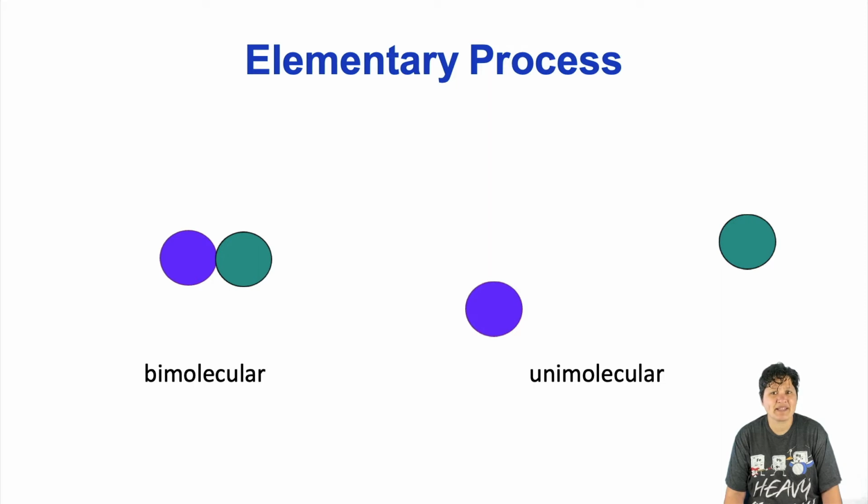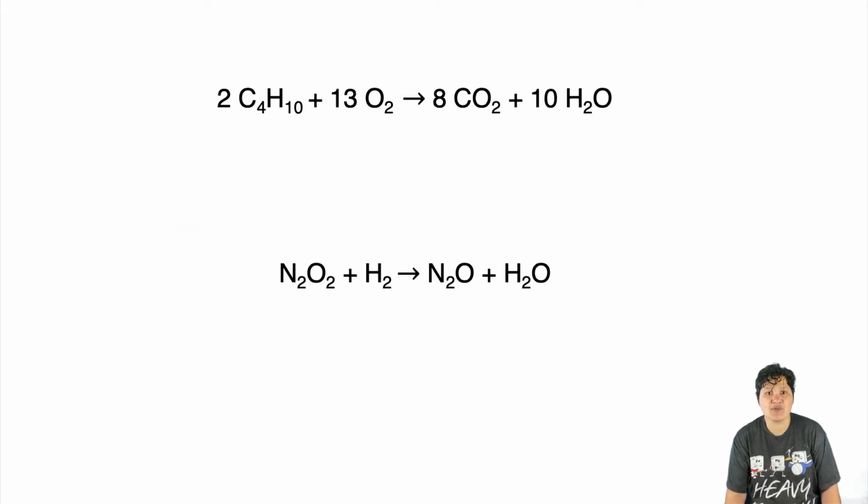One thing you may be asked to do is to determine whether a balanced equation represents an elementary process. To do this, remember that elementary processes only have 1 or 2 reactant molecules. So let's look at a couple of examples. You'll notice that in both of these reactions, there are 2 reactants. The first one has butane, C4H10, reacting with oxygen gas, O2, to form carbon dioxide and water.